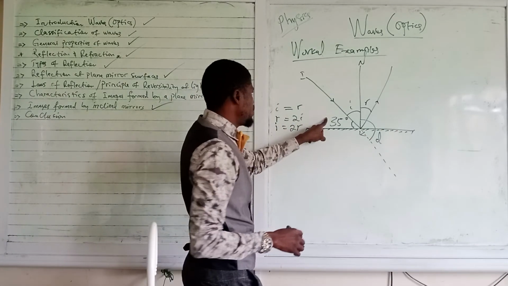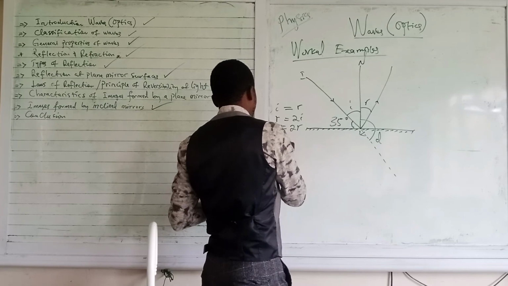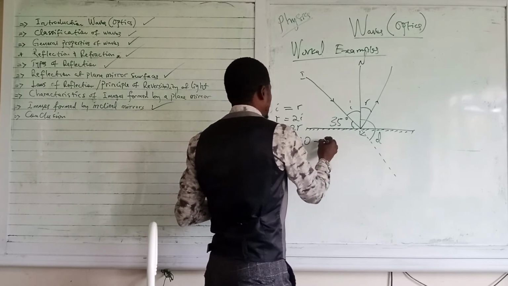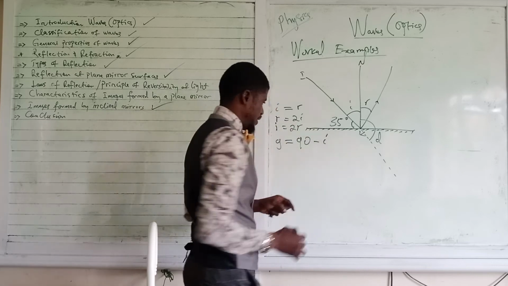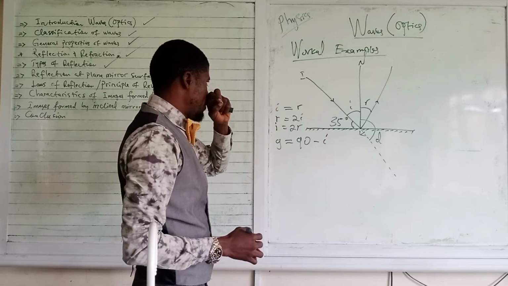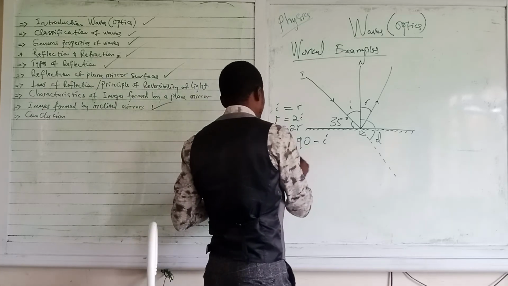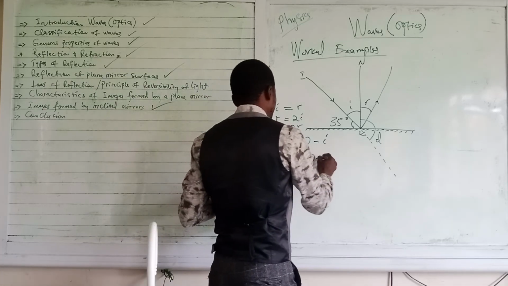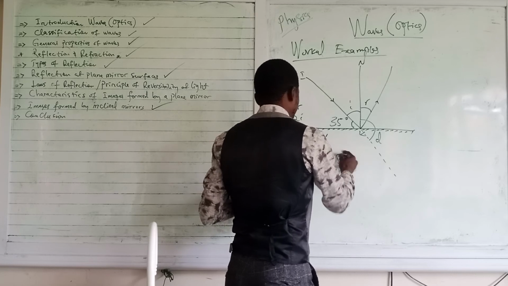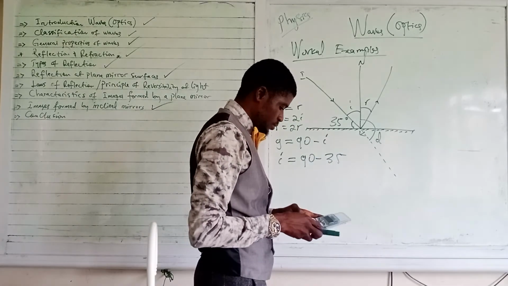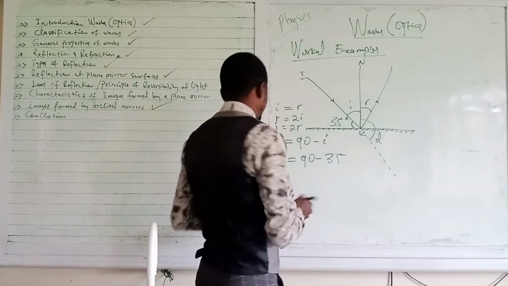This is what we are asked to calculate. So your glancing angle G is given as 90 minus I. So we say that our I is equal to 90 minus 35. Do that, what do you have? 55.